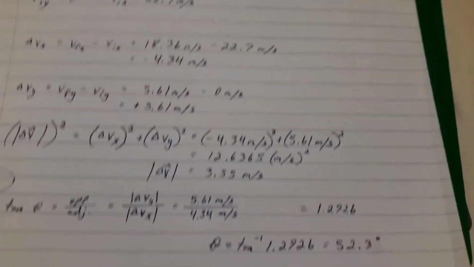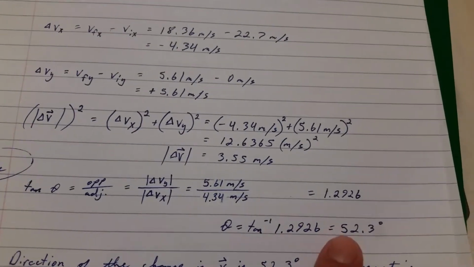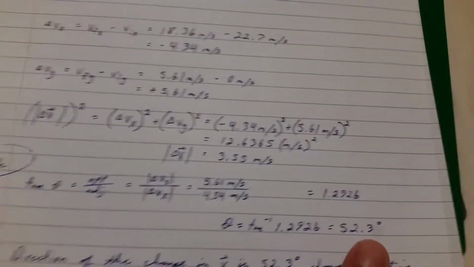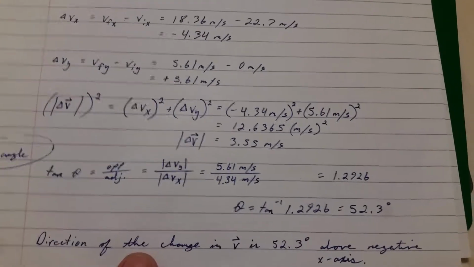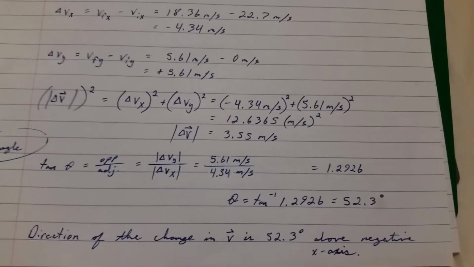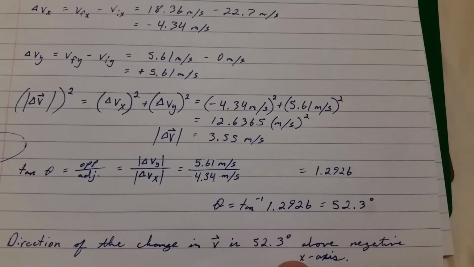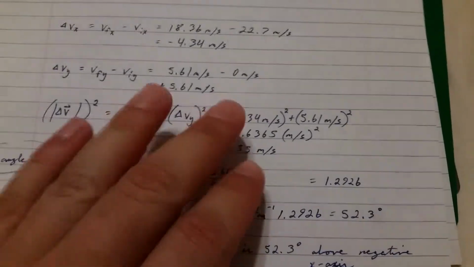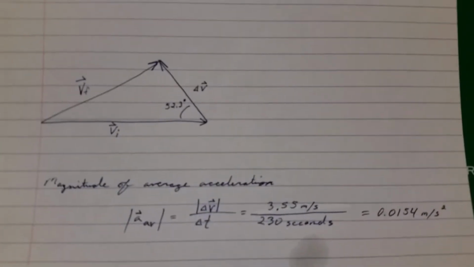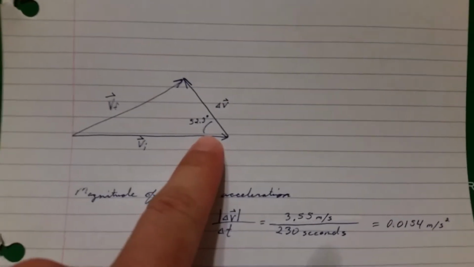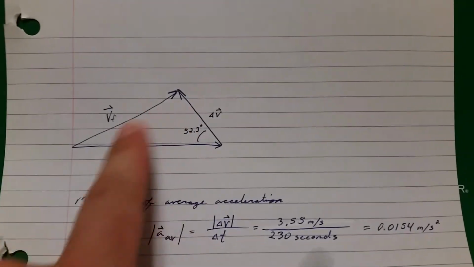We get 1.29, comes up with 52.3 angle. So the direction in the change in velocity is 52.3 above the negative x-axis. What does that mean? That means that it's actually a very steep hill.